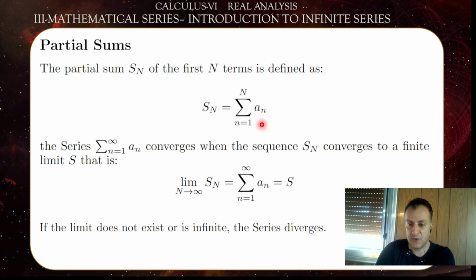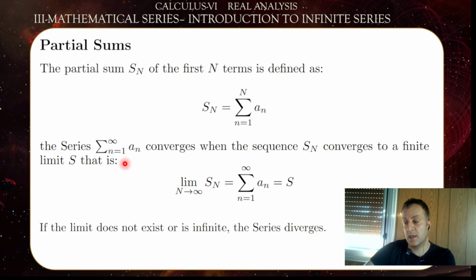We're adding the terms from the first one all the way to the nth one. So let's say n is equal to 5. We're adding 5 terms together. So Sn is equal to sigma n equal 1 to n of an.